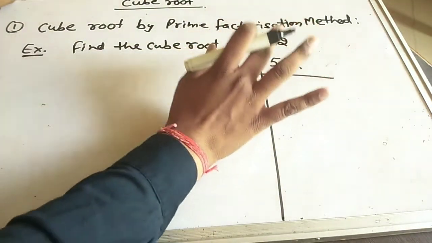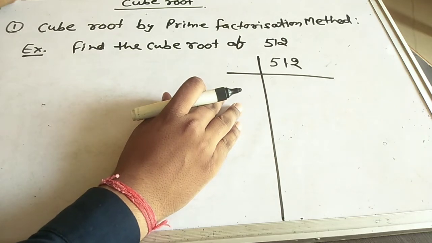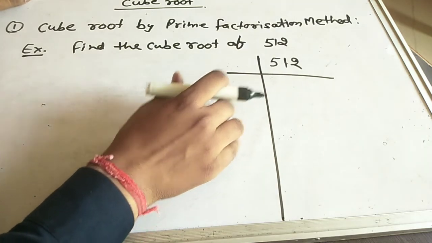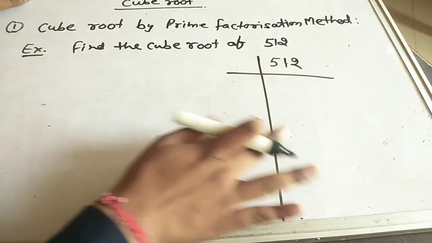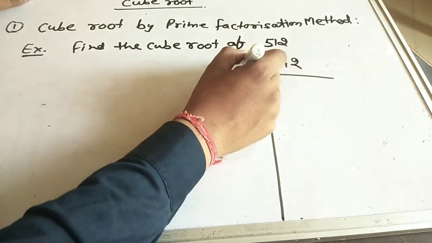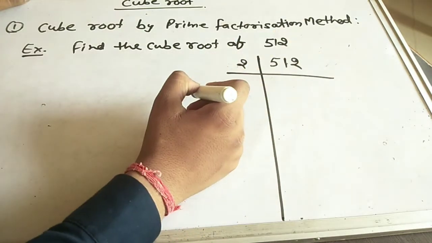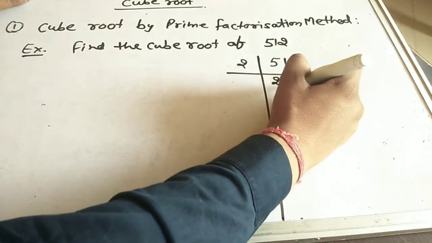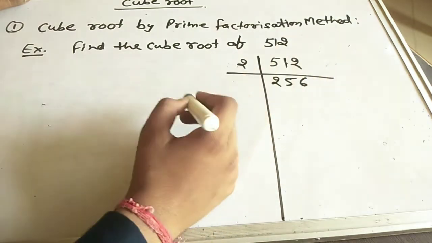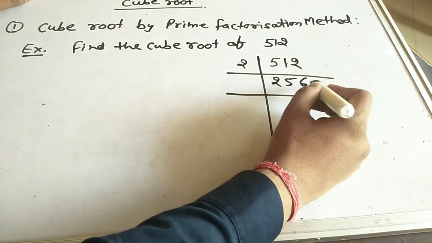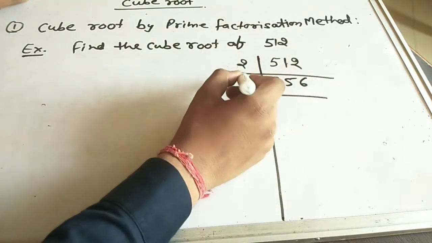Let us take one more example. Find the cube root of 512. Okay. We have to solve the given number into prime factors by successive division. Okay. 512, it is divisible by 2. So we get 256. 256, it is also divisible by 2.